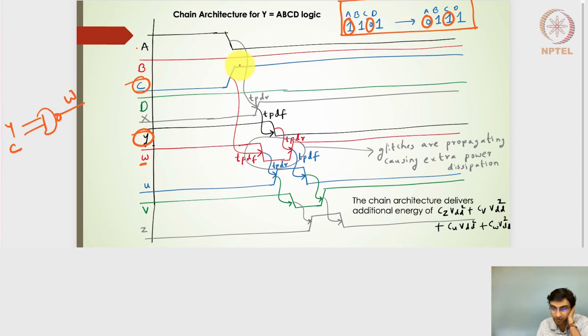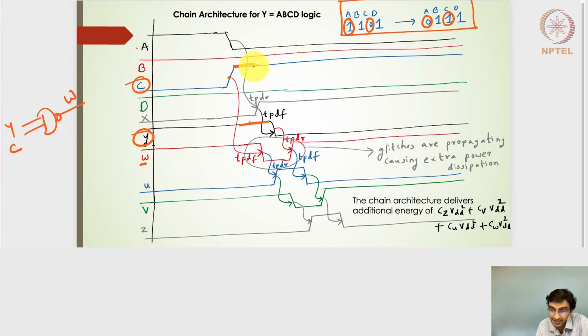The moment both of them are high, because of the delay in Y, when Y is high and C is also high, I'll get the output to be low, based on C going high, with this particular delay. Due to this delay or transition state, I'll get the W output going 0. So this will be propagation delay falling.